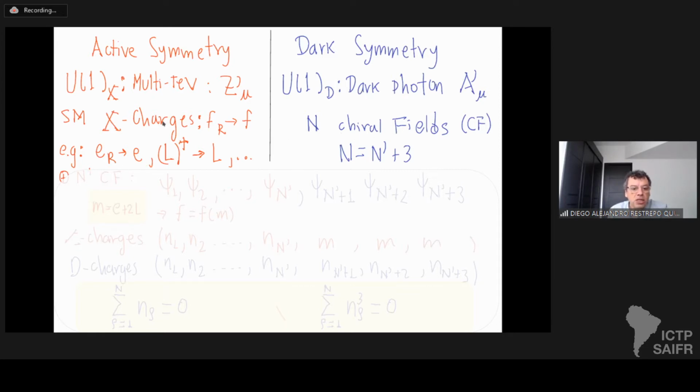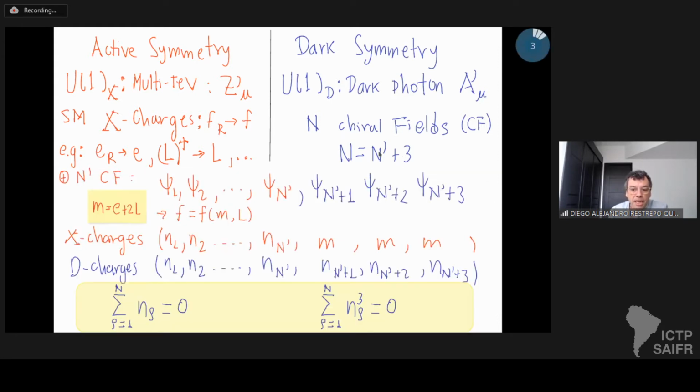For the case of the active symmetry, we will consider n prime chiral fields, where n prime is less than n by a number of 3. So n prime goes 1, 2, 3 until n prime, and later for the dark symmetry we will consider 3 additional chiral fields.